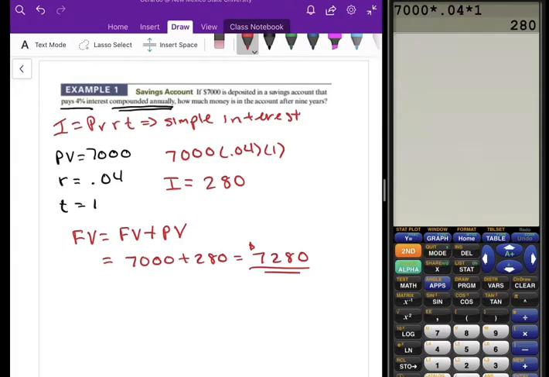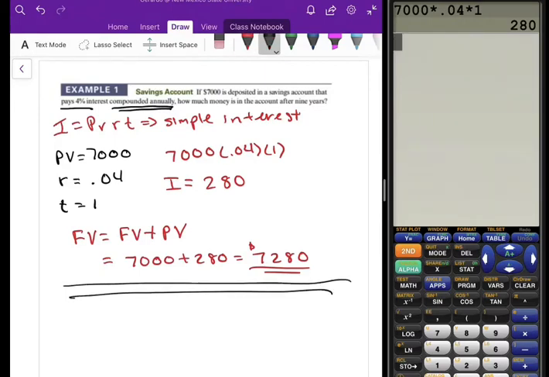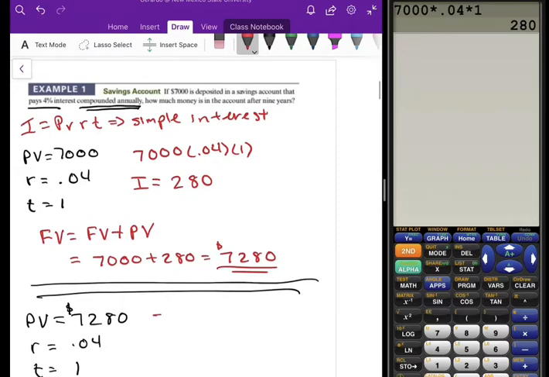Okay. Now we're going to do this process again. But now my present value is not 7,000. It's going to be 7,280. My rate is going to be still the same, and time is going to be 1. So let's mix everything together. Sorry, this was wrong.